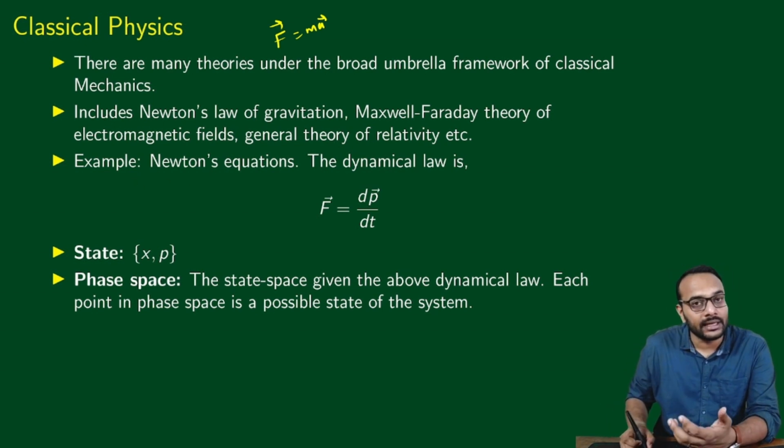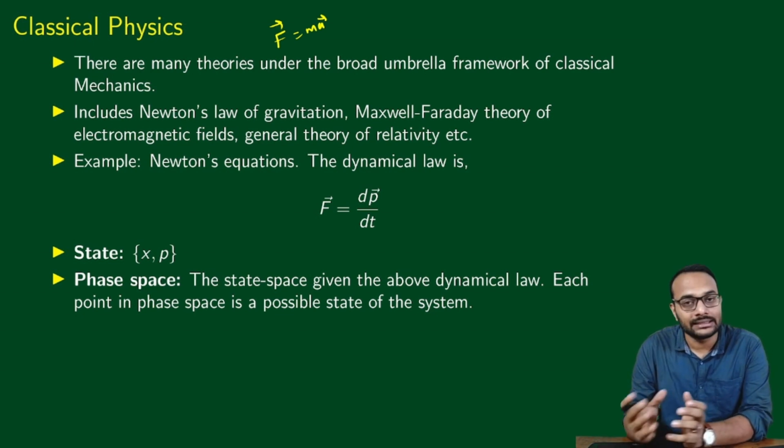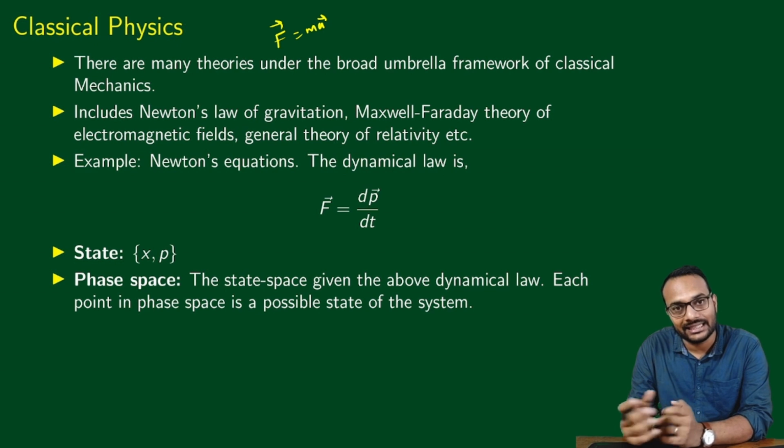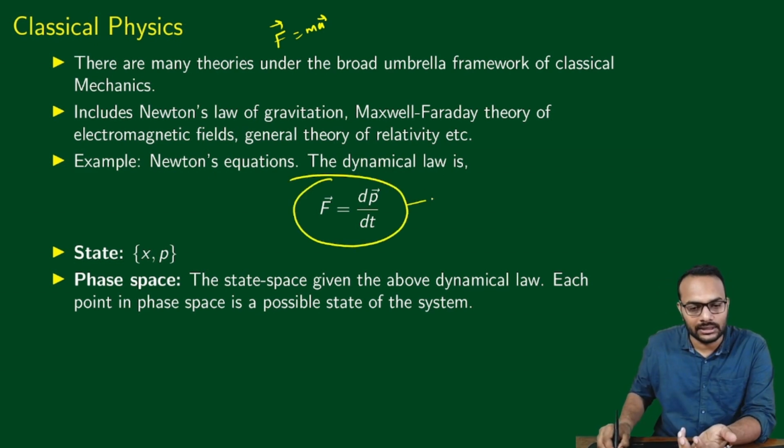Now, as an example of a dynamical law, let's look at Newton's equations. The dynamical law is F vector equal to dp by dt. You can solve this equation and it will tell us how the state evolves in time. You can talk about it in one dimension or in three dimensions. For simplicity, let's talk about it in one dimension.